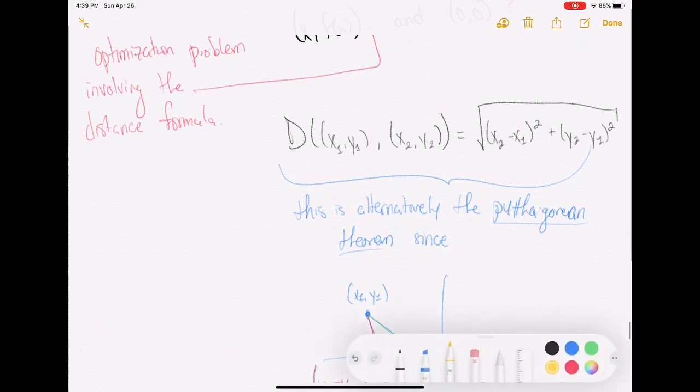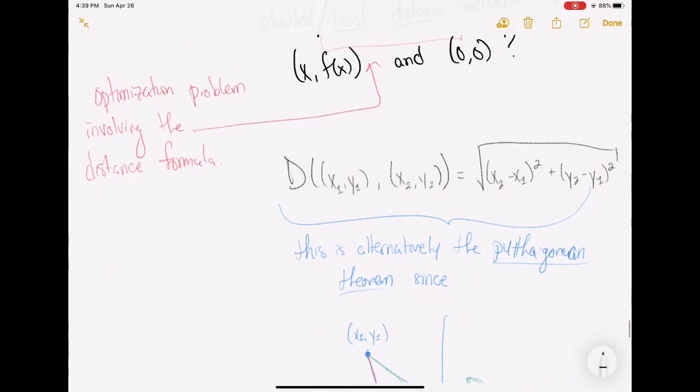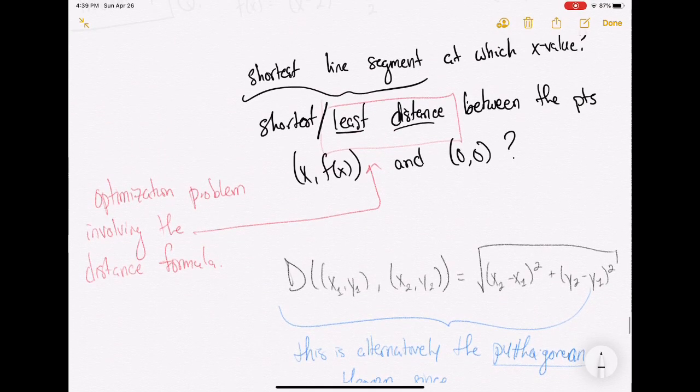So if we apply the distance formula here, right, this is an optimization problem, so you guys better take a derivative, set it equal to 0, and solve for x. We apply the distance formula here.